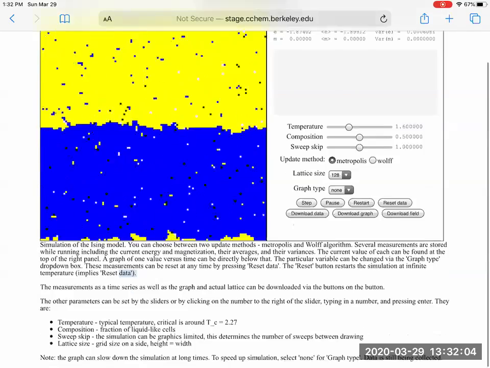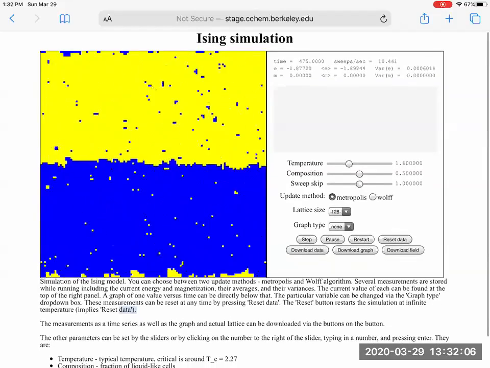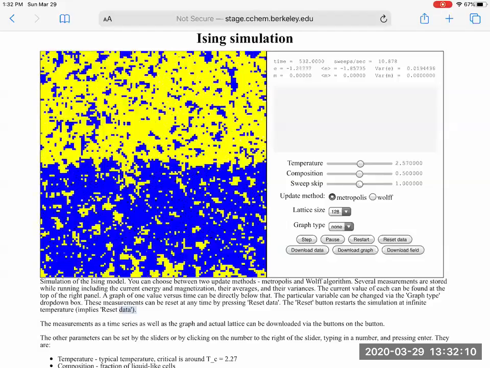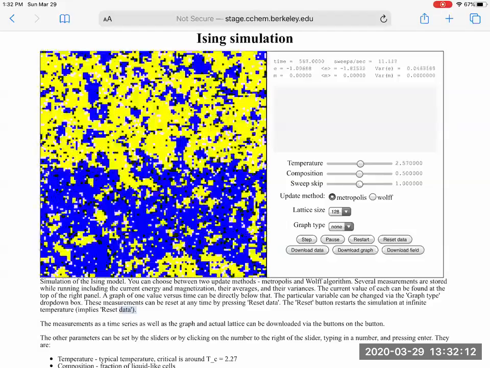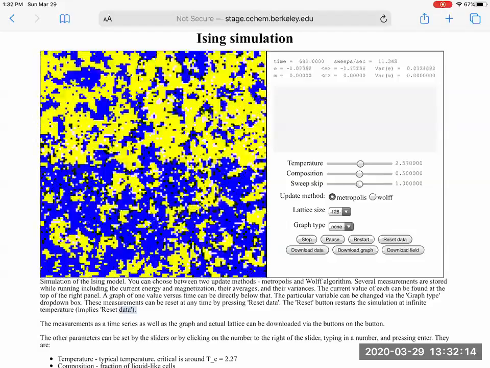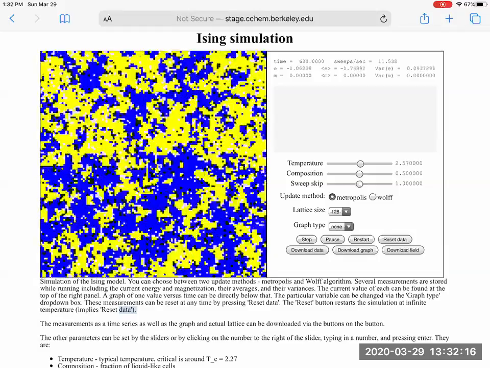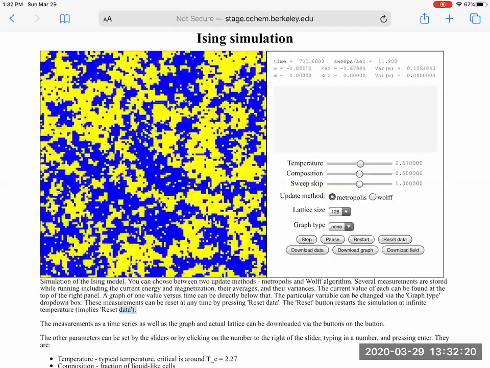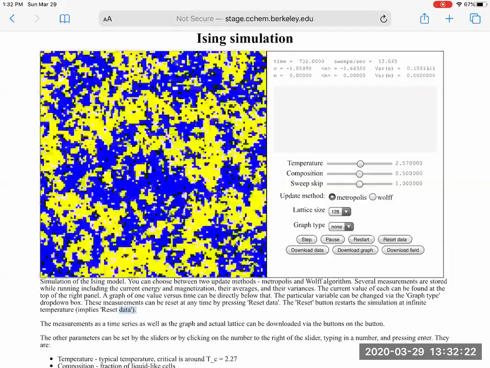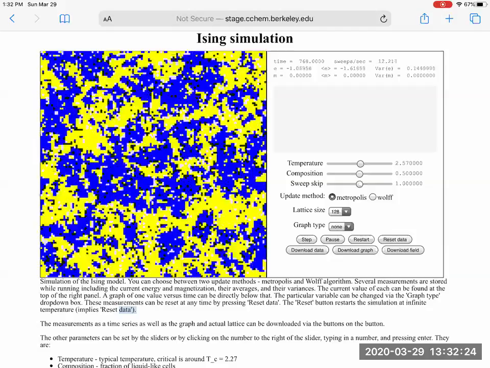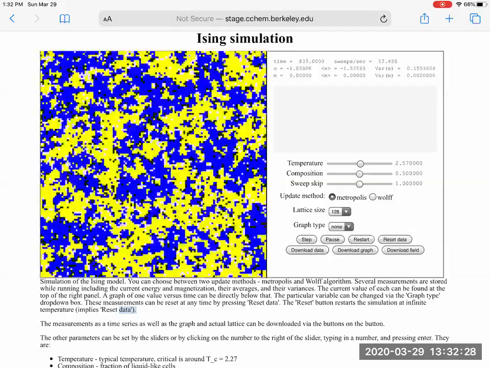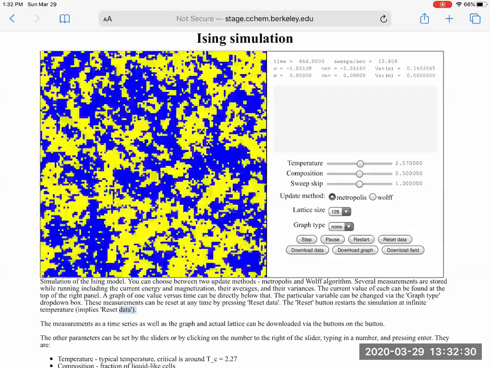Now, as I increase the temperature, that interface disappears, reflecting the fact that as you approach the critical temperature, the surface tension goes to zero. Those two phases, the liquid and the vapor, become completely miscible within each other. They completely mix. There's no meaningful distinction between the two.